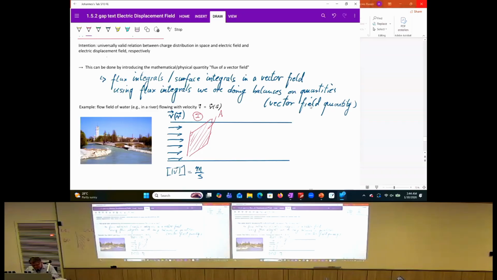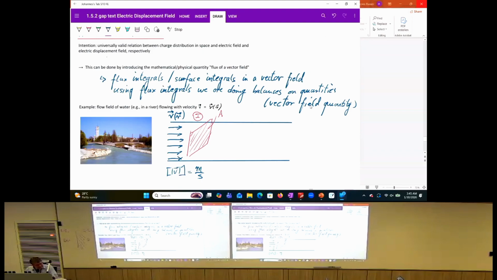We assume here that this flow is all homogeneous. As you see, the vectors of that vector field are all pointing in the same direction. Sorry, this here should be an arrow. They are all flowing uniformly in the same direction.